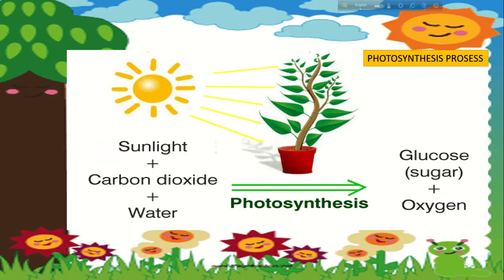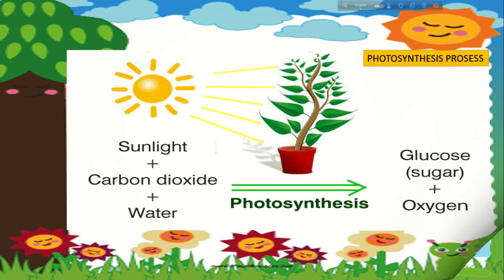And plants use gaseous materials from the atmosphere, that is carbon dioxide and water, in the presence of sunlight in the photosynthesis process, producing the carbohydrate based food, that is glucose, and oxygen is released as a byproduct.